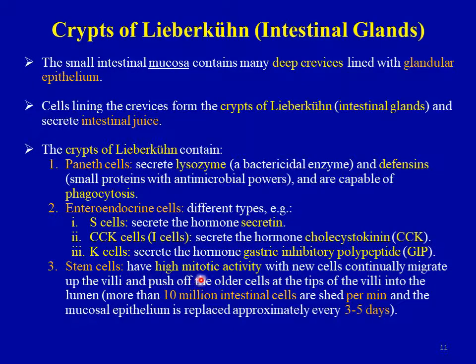They have high mitotic activity, with the new cells continually migrating up the villi and pushing off the older cells at the tips of the villi into the lumen. We have more than 10 million intestinal cells that are shed per minute, and the mucosal epithelium is replaced approximately every 3 to 5 days. So this shows us how active these cells are in terms of mitosis.